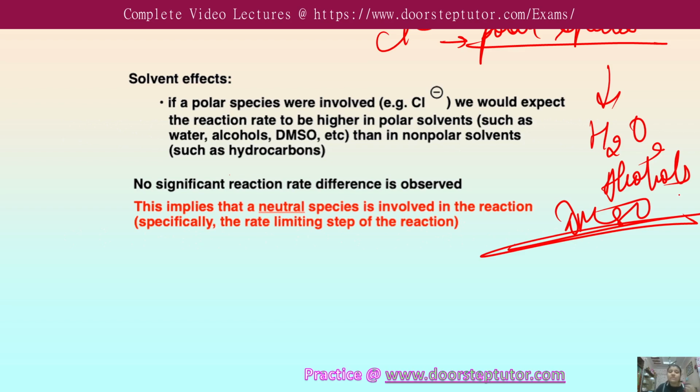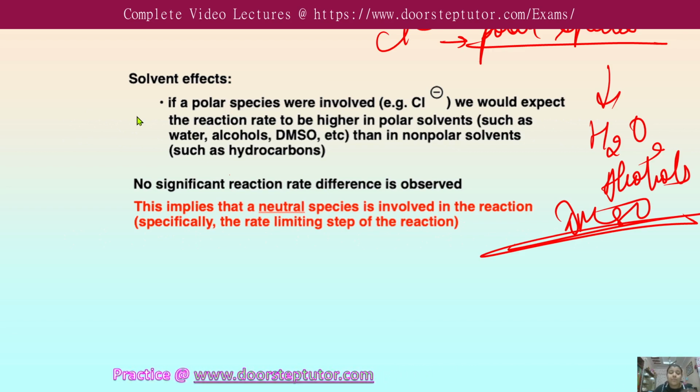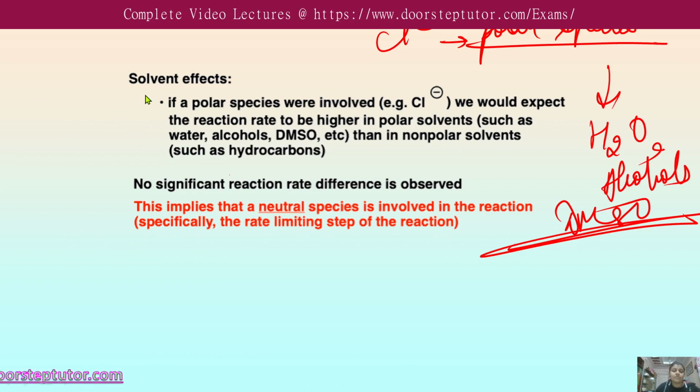It generally implies a neutral species is involved in the rate limiting step of the reaction. Where there are polar species, we would expect the rate to be higher in the polar solvent as compared to the non-polar solvent. So polar interactions play a major role, and the reaction rate is very high in polar solvents.